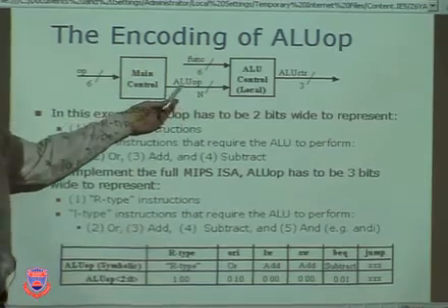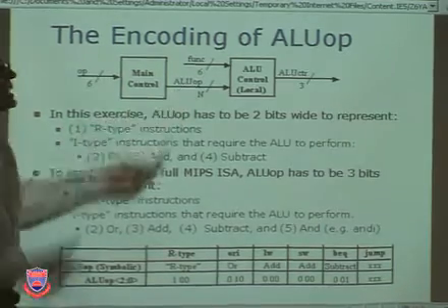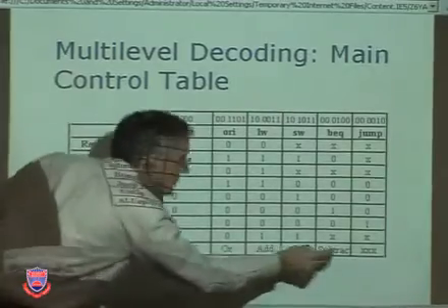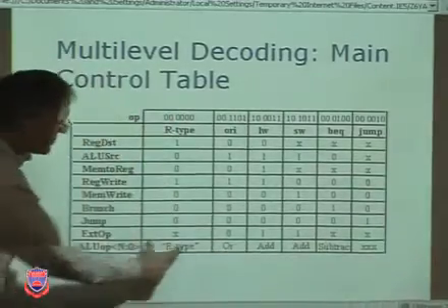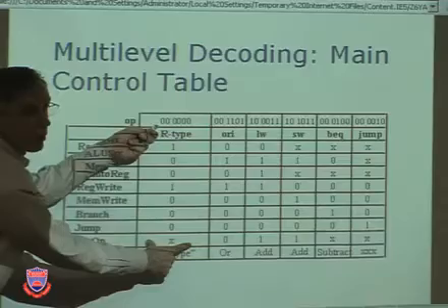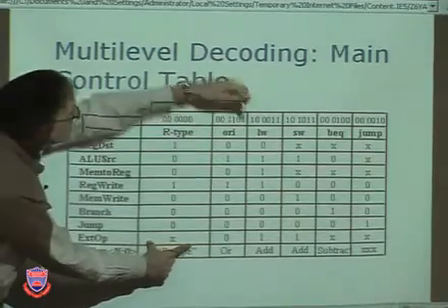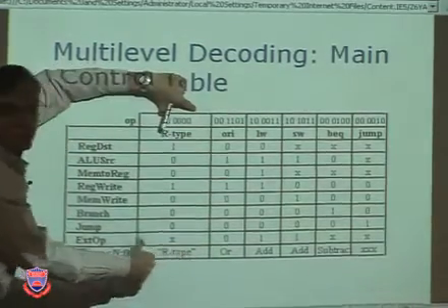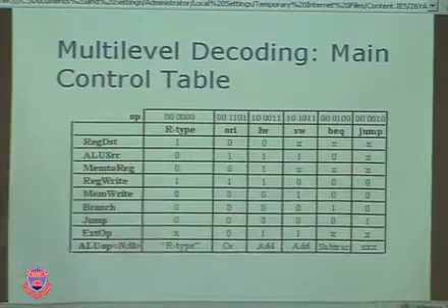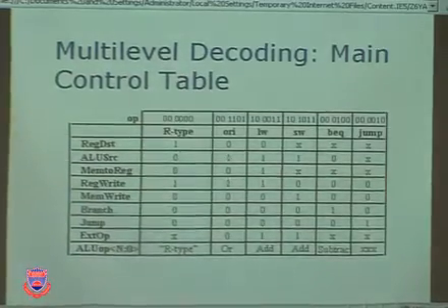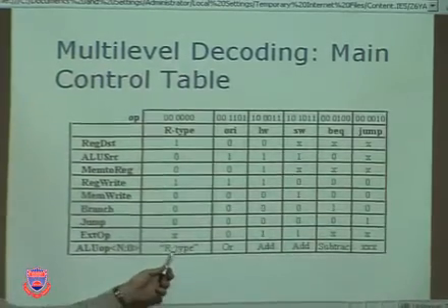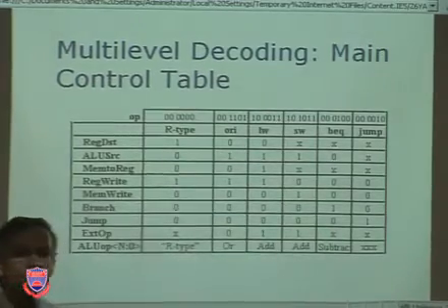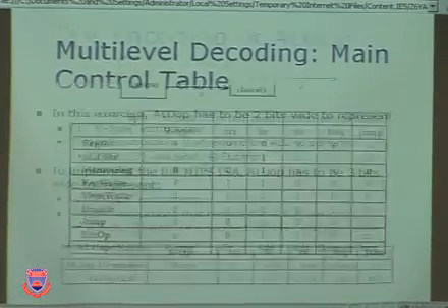Okay, now ALU op is the n-bit output from that. Sometimes we know what we want to do. Sometimes we know that we want to add or subtract or OR, and sometimes we say, we don't know, ask the function code. If this is true, we know we want to OR. If this is true, we don't know what we want to do in the ALU. The function code has to tell us. So in fact, the outputs are: it's an R type, that's all I know; please OR, please add, please subtract. Those are the things that I need to be able to do.